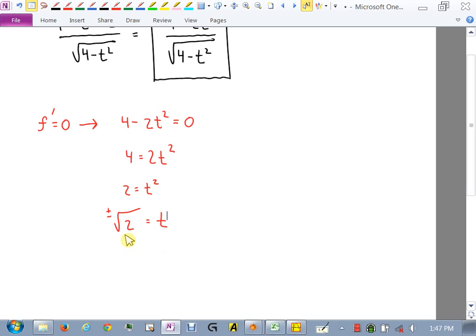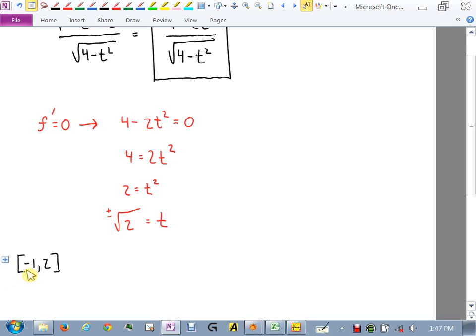But I have to check to make sure that these both lie in the interval, right? What was my interval in the original problem? Not my domain, but the interval I'm looking in. Negative 1, 2. Okay. Positive root 2 is about 1.414, which lies in here. Negative root 2 is negative 1.414, so the negative root doesn't live in this interval, so I'm chunking it.